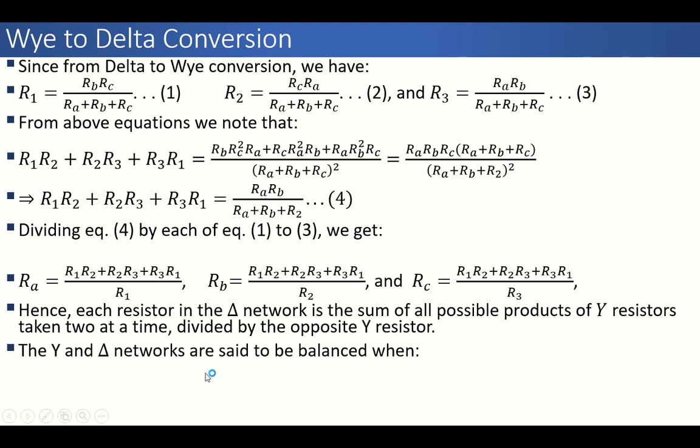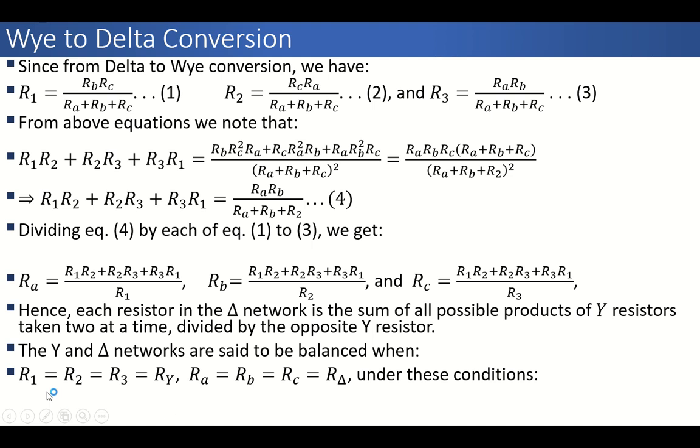The Y and delta networks are said to be balanced when, remember, this is again a technical term, R1 is equal to R2 and equal to R3, and let's suppose it is equal to RY. Similarly, RA is equal to RB is equal to RC, and let's suppose this is R delta.